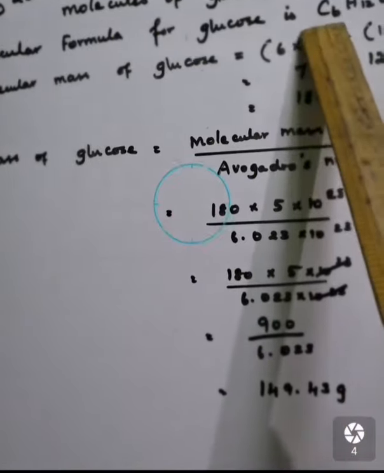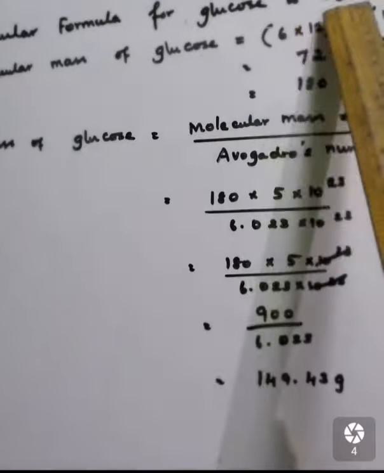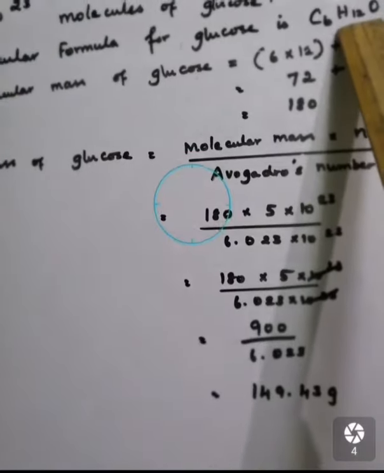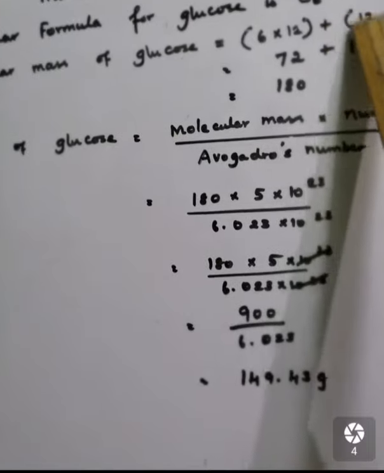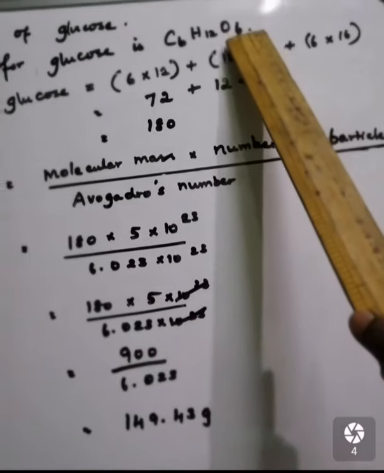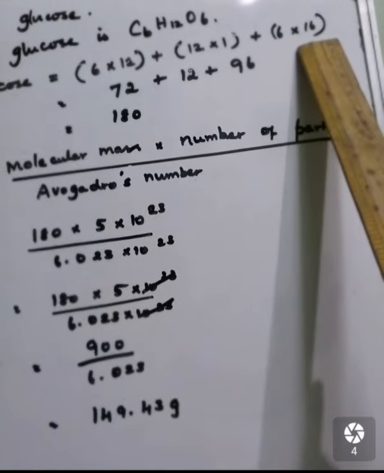You know that atomic mass of carbon is 12. So 6 into 12, 6 atoms are present. So 6 into 12 plus atomic mass of hydrogen is 1. So 12 into 1 plus there are 6 atoms of oxygen. So 6 into atomic mass of oxygen is 16.